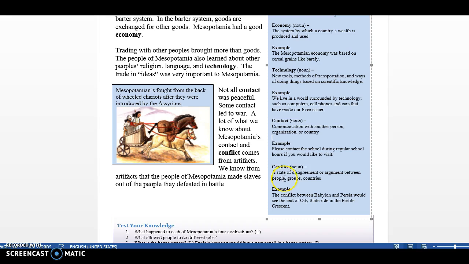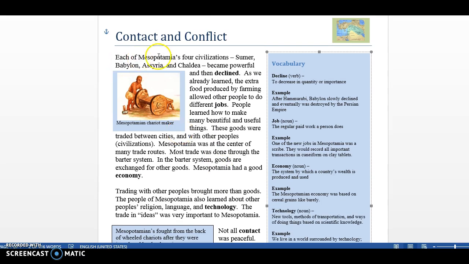It means a state of disagreement or argument between people, groups, or countries. So basically like fighting. Example sentence, the conflict between Babylon and Persia would see the end of city-state rule in the Fertile Crescent. Remember, Fertile Crescent is another way to say Mesopotamia.